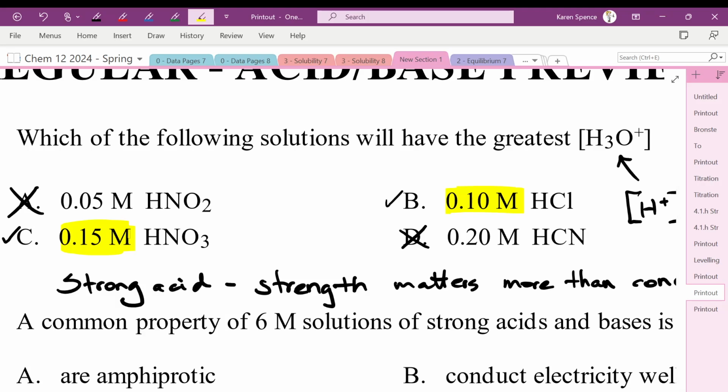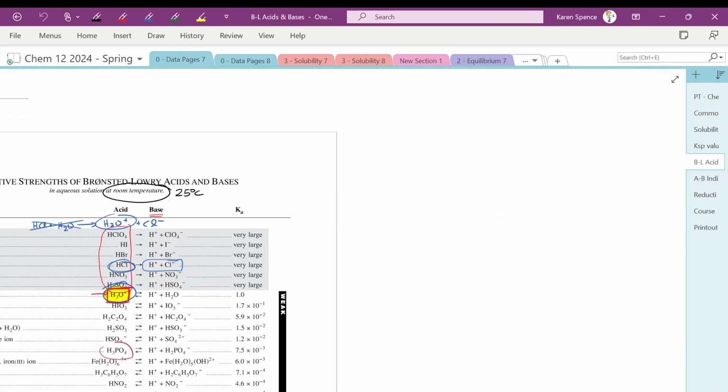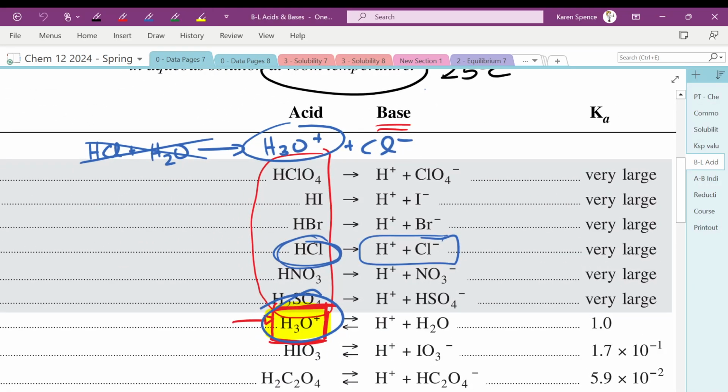Is HCl just stronger than HNO3? What do we know about the strength of all the acids which are strong? All of them go to completion. There is no difference in their strength in water.